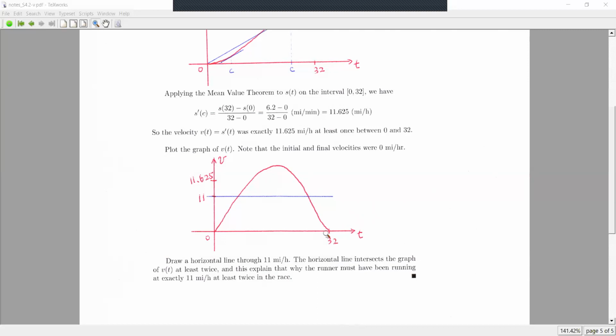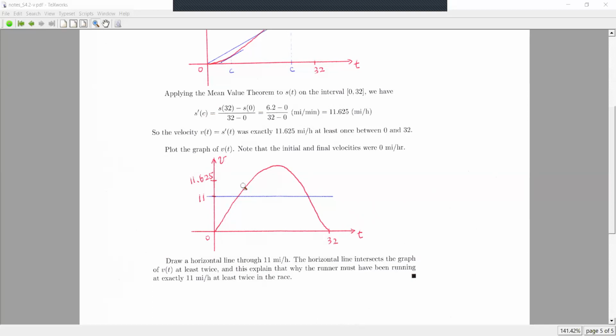Between 0 and 32, there is a C where velocity is this number. I assume the point here is height 11.625. So the graph of the velocity is at least as high as this point.